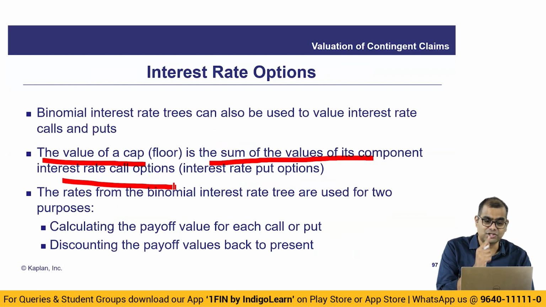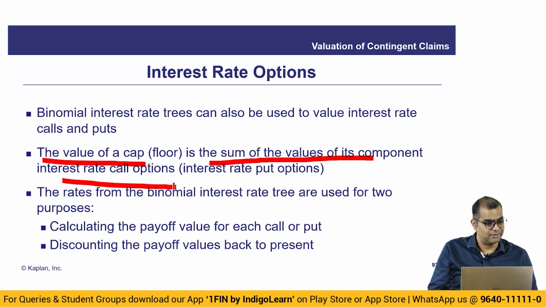Interest rate call means call for a single transaction. So, a bunch of interest rate calls together make a cap. Did you get my point? You want me to repeat? Not a sum, take a bunch, B-U-N-C-H. A bunch of interest rate calls is equal to a cap.